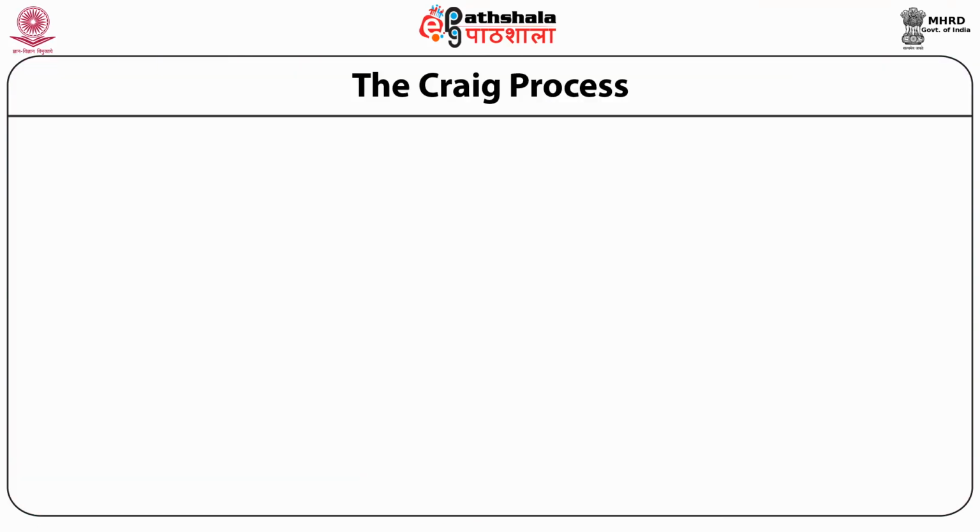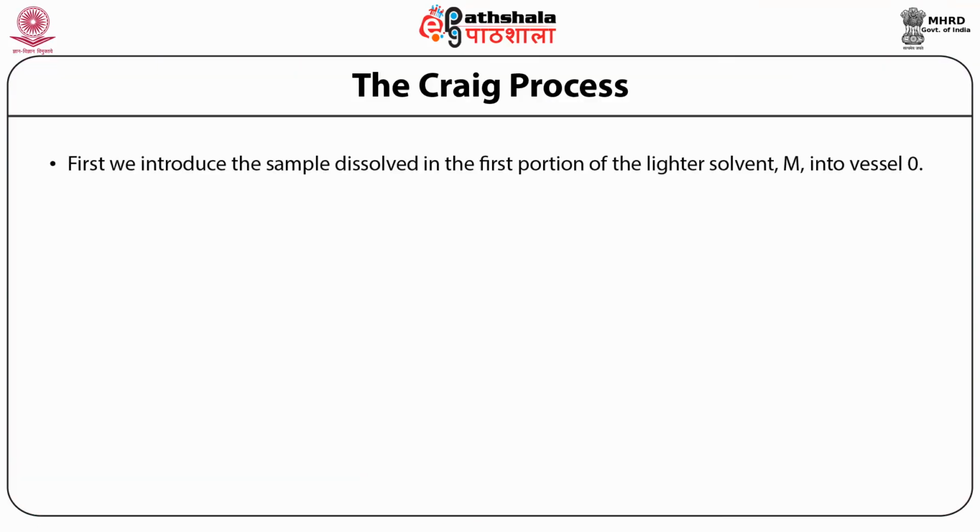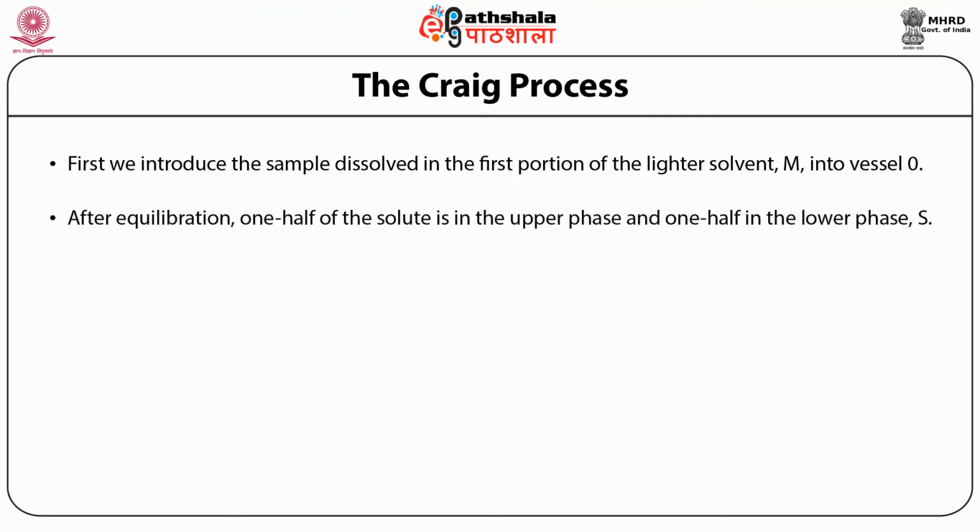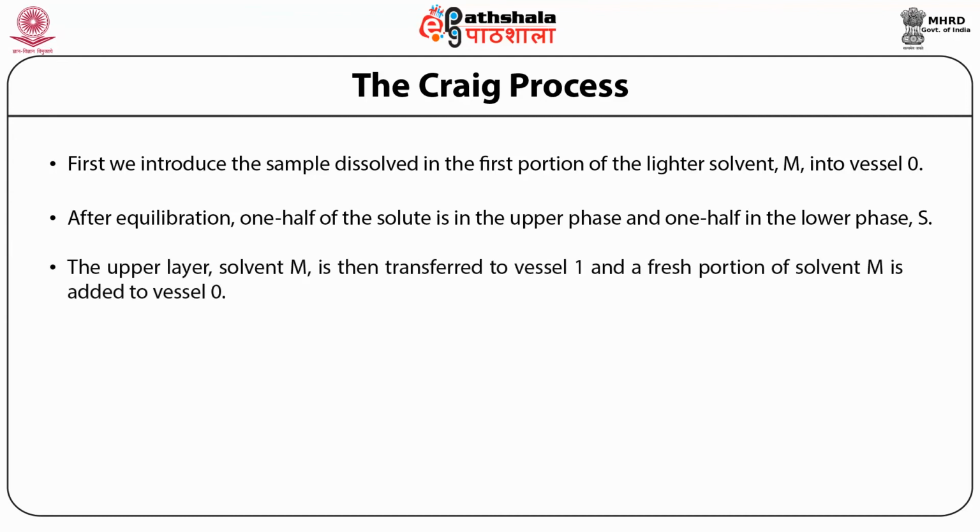To start the operation, the sample dissolved in the first portion of the lighter solvent M is introduced into vessel 0. After equilibration, that is shaking and settling, one half of the solute is in the upper phase and one half in the lower phase S. The upper layer, solvent M, is then transferred to vessel 1 and a fresh portion of solvent M is added to vessel 0.